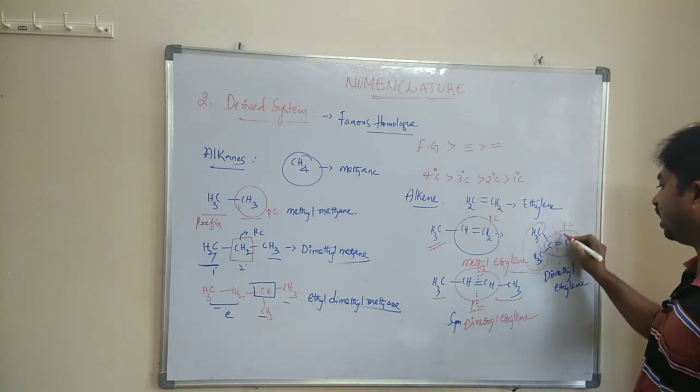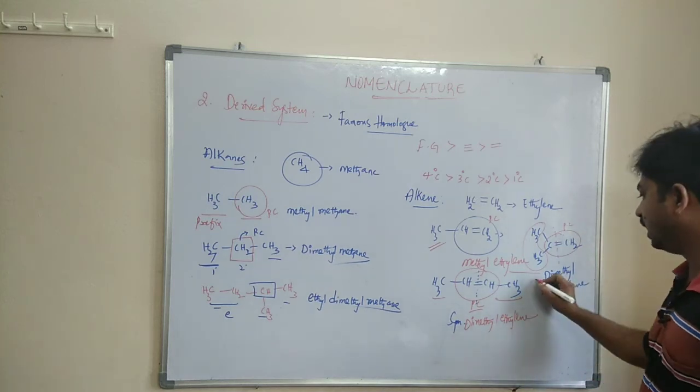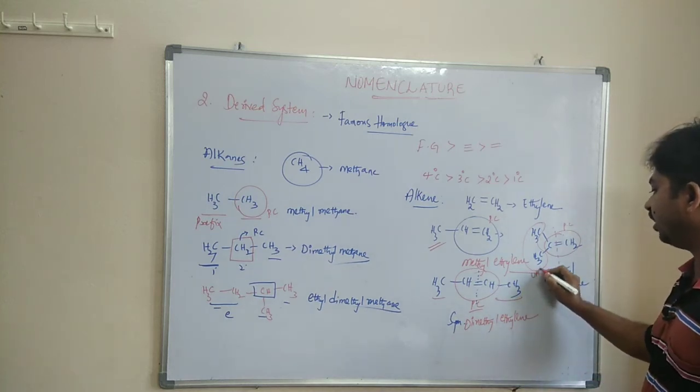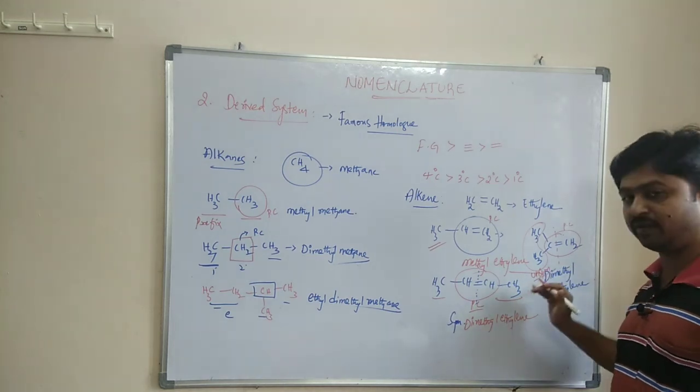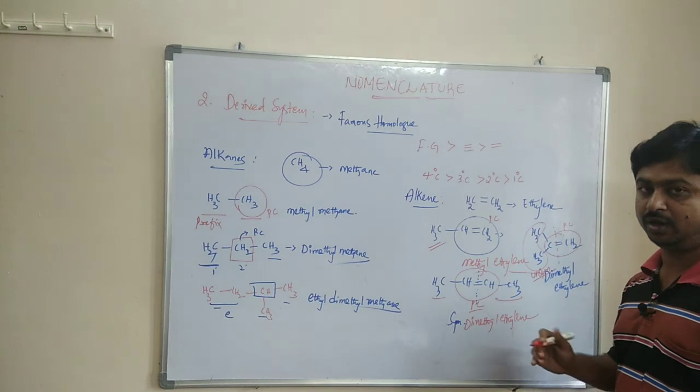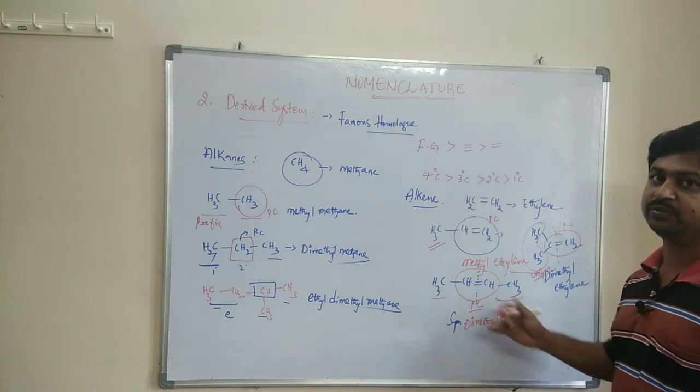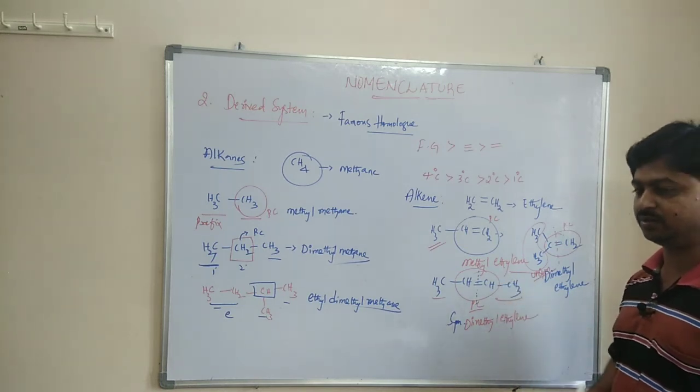But it does not have a plane of symmetry, so it is unsymmetric. Like this we can differentiate similar types of hydrocarbons having the same number of carbon atoms.